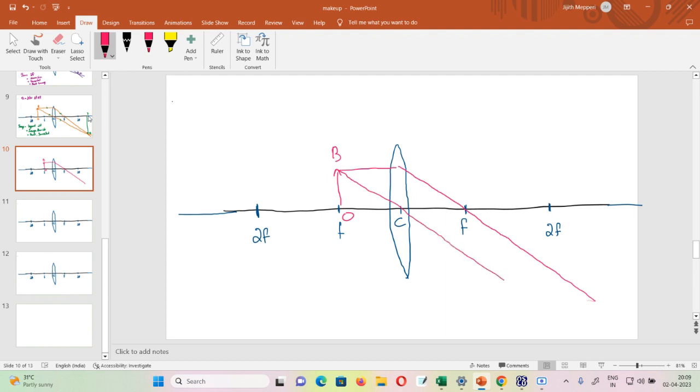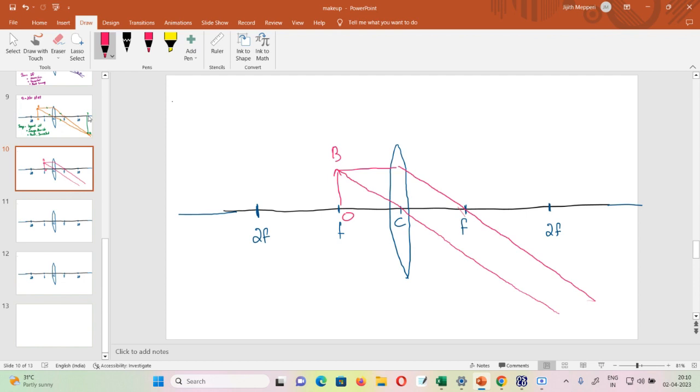Now you can see that the two rays are parallel. So these are not going to touch each other. What we can say is that they will touch at infinity. Similar to our conjugate point concept, when the object is at infinity, the image will be formed at focus. And when the object is kept at focus, the image will be formed at infinity.